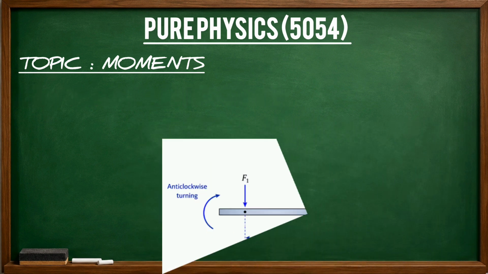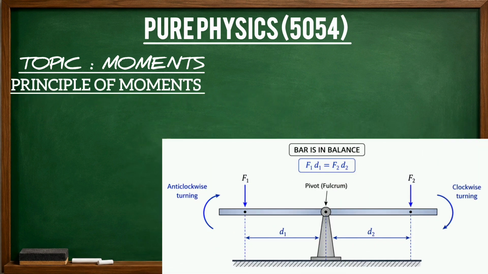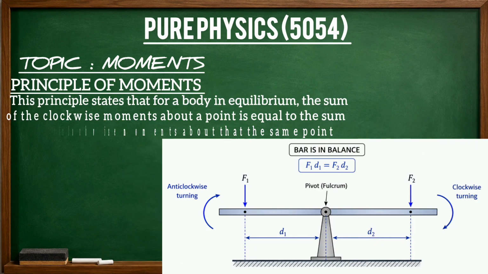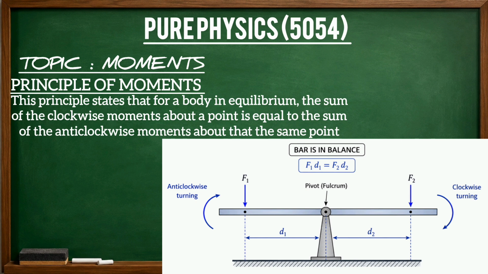Alright, now let's look at the principle of moments. The principle of what? Moments. So the principle states that for a body in equilibrium, the sum of the clockwise moments about a point is equal to the sum of anti-clockwise moments about that same point.